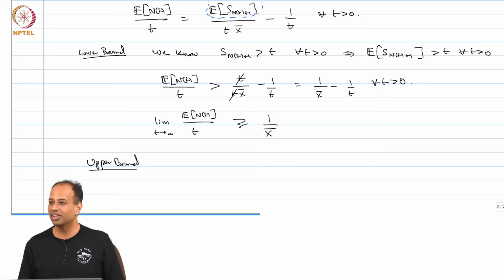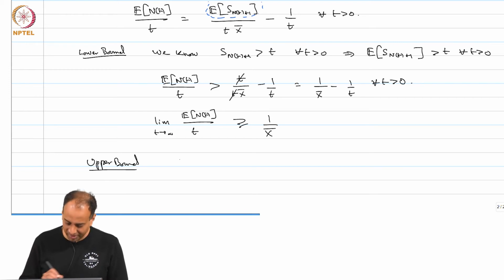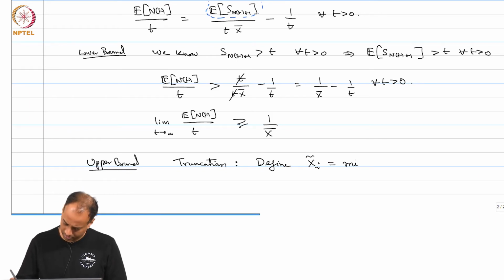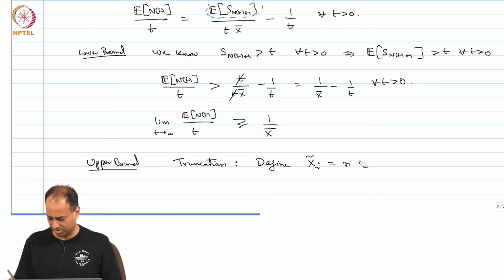Some of the most important theorems in probability, including the laws of large numbers, at some point truncate to control things. So, the truncation trick. Define X_i tilde as the min of X_i and b.